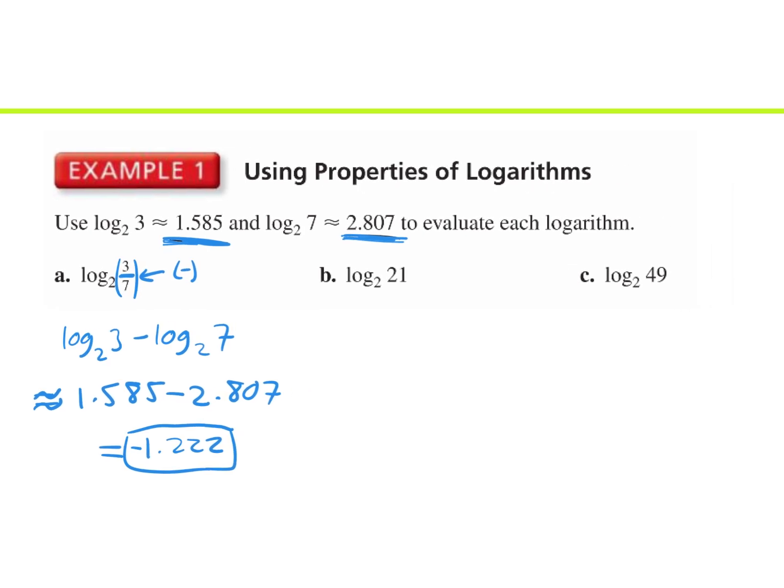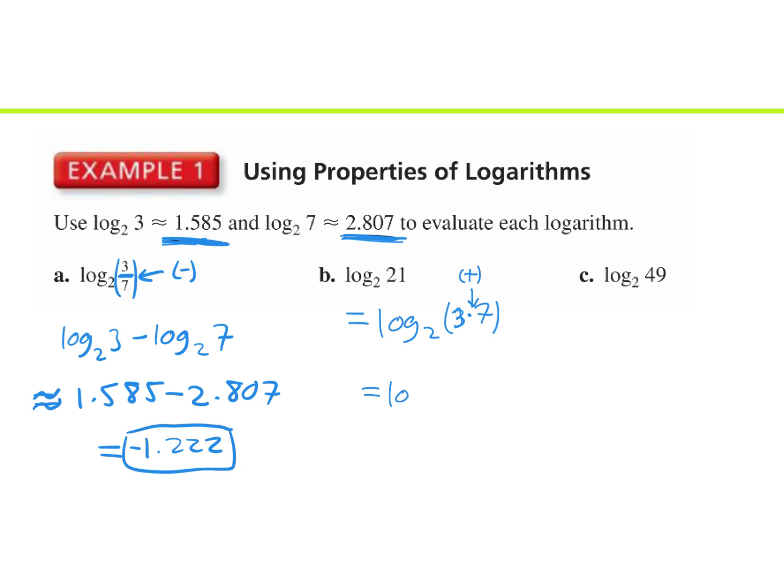So now if you look at part B, I have log base 2 of 21. I don't know what that is, but I do have log base 2 of 3 and log base 2 of 7. We're able to write 21 in terms of 3 and 7, right? So you can write this as log base 2 of 3 times 7. And remember, if you have a multiplication on the inside, that becomes addition outside between your logs.